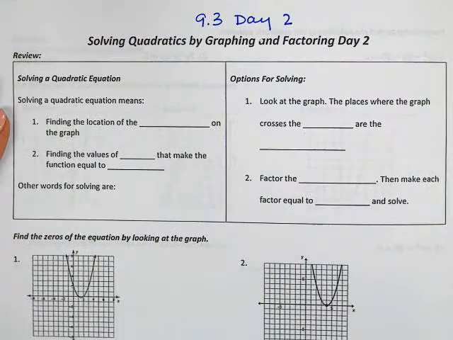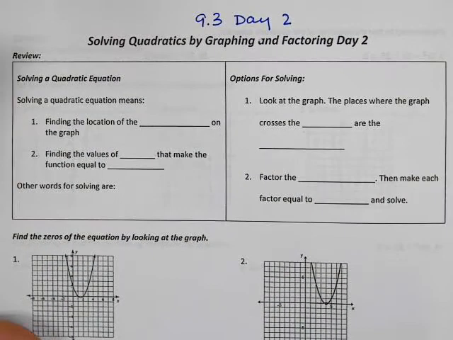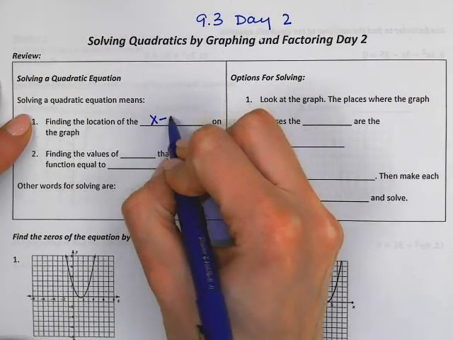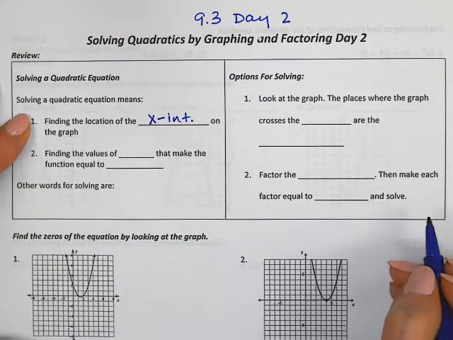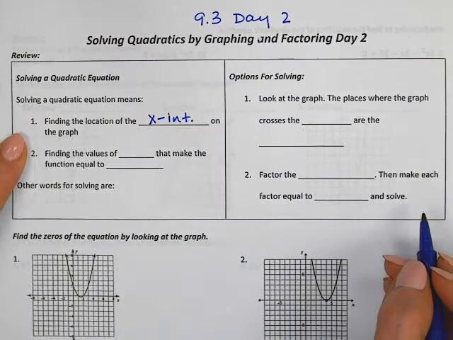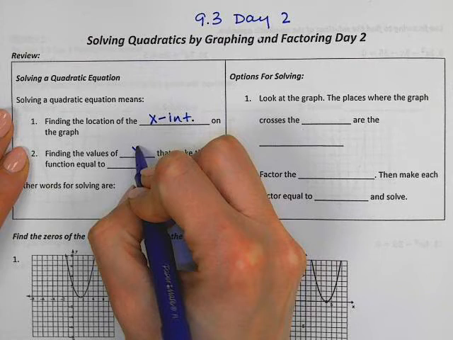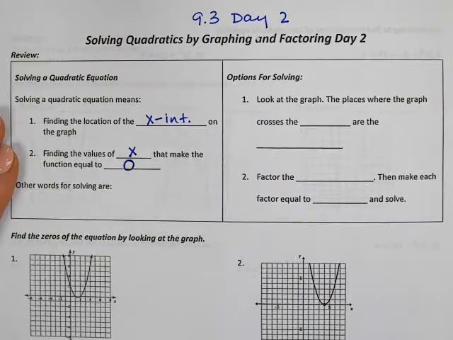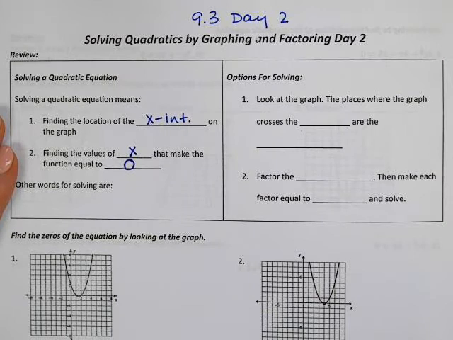All right, so let's do a little refresher. To solve a quadratic means to find the location of the x-intercept on the graph, which really means find the values of x where the function equals 0. And we learned two ways to solve.